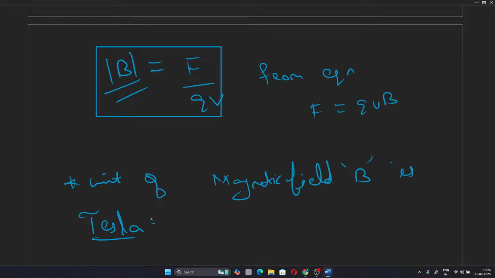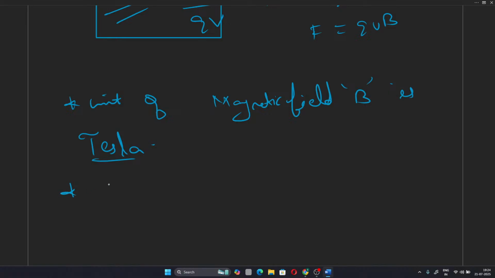We can define a Tesla as when a 1 coulomb charge moving with a 1 meter per second velocity experiences a force of 1 Newton due to the magnetic field acting in a direction perpendicular to both the velocity and magnetic field.